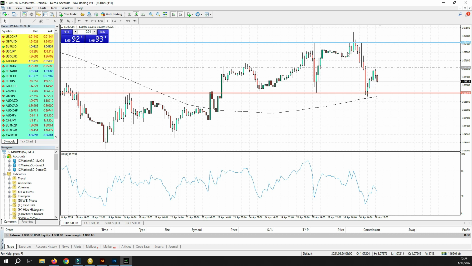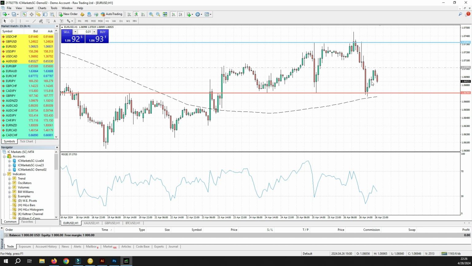Why? Because the price will change direction a few times a day. So this was Friday, the price was going up, then changed direction, and then changed direction again. And here it's trying to change direction again. So why do we need to do this?